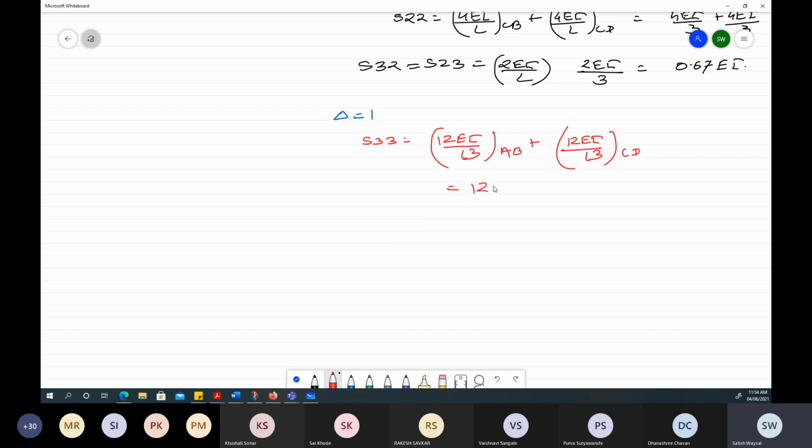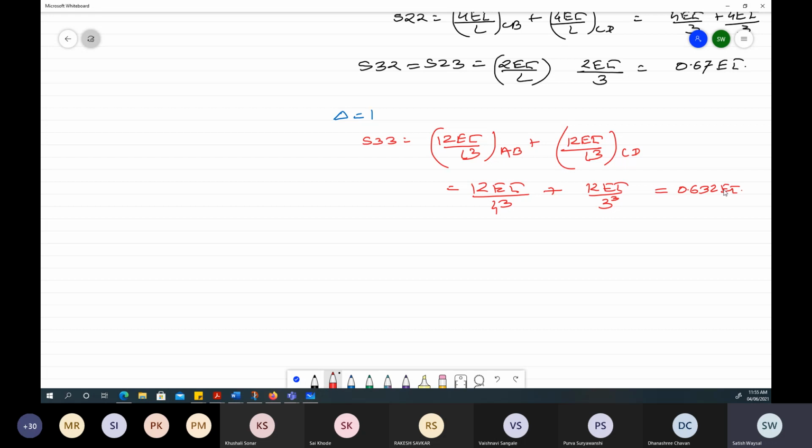So just put the values, 12 EI upon 4 cube plus 12 EI upon 3 cube. Adding these two, you can calculate S33 as 0.632.